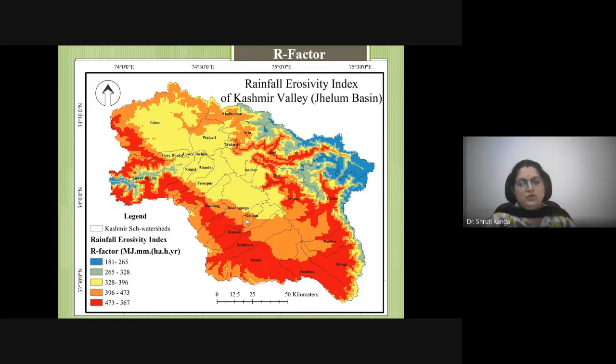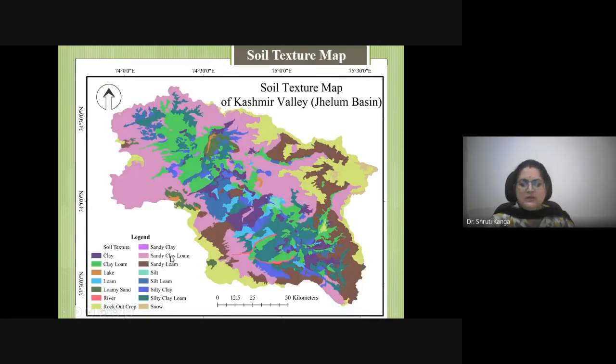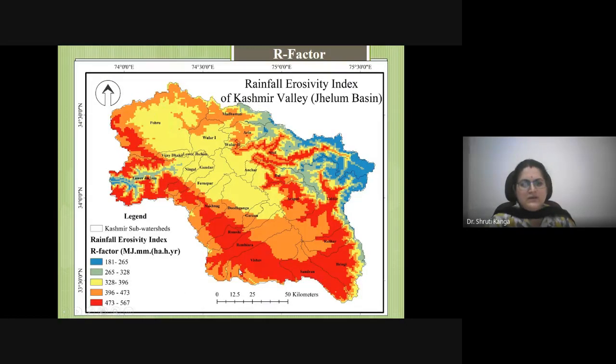Due to rainfall, the erosivity index has been calculated in MJ mm per hectare. You can see this is maximum in the areas with red color, and minimum in these areas.